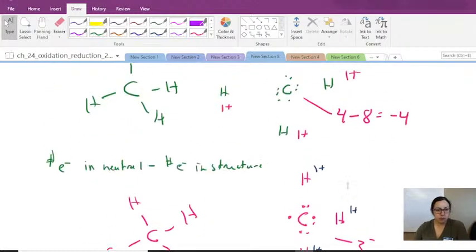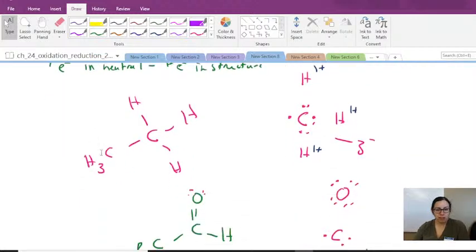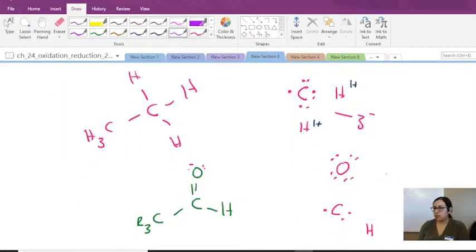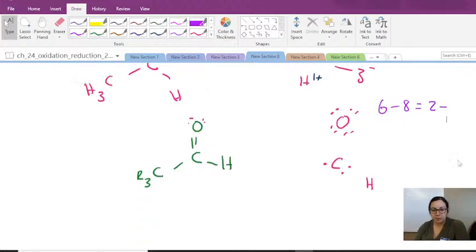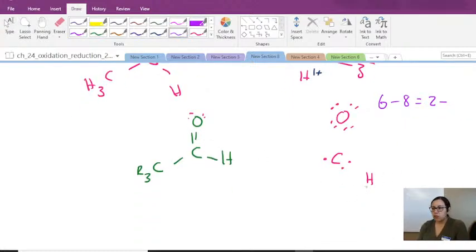Go back to your formula. How many electrons are in the neutral oxygen? Yeah, the answer is -2. You got that right: 6 in the neutral minus 8 on this little structure here. So exactly -2, and that matches what we expect for oxygen. It should be -2, unless it was a peroxide structure. Then what's hydrogen? +1.